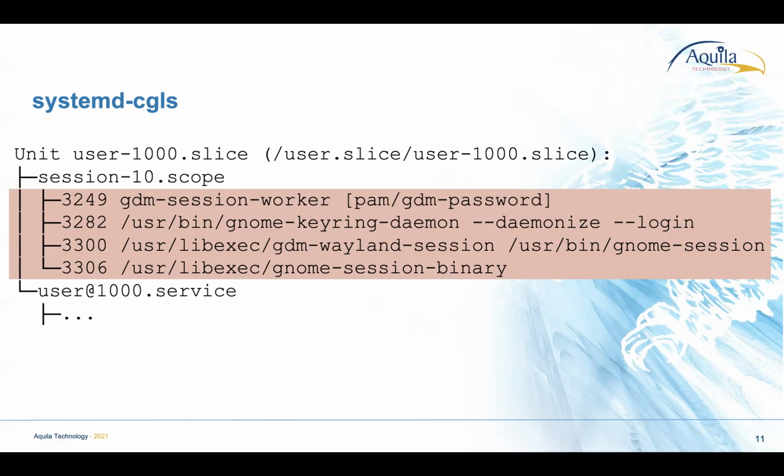So I logged in through GDM, and then there's a couple processes. You can see the GNOME keyring, GDM Wayland session, and GNOME session binary. Now, these are all processes that have an AFS PAG if you get that as part of your PAM stack. So these are the normal processes you would see in a login session that would have access to your AFS resources.